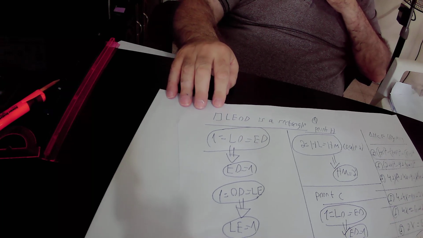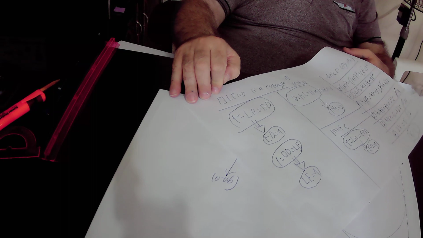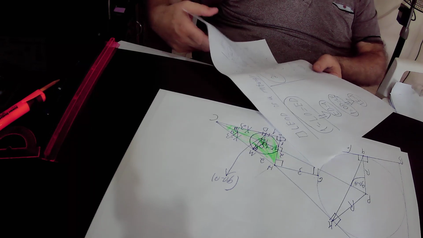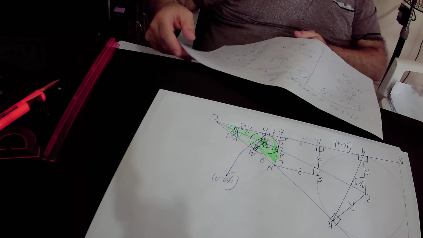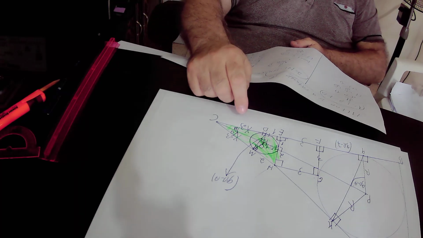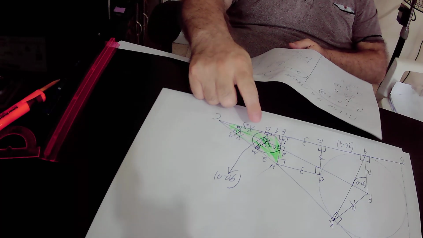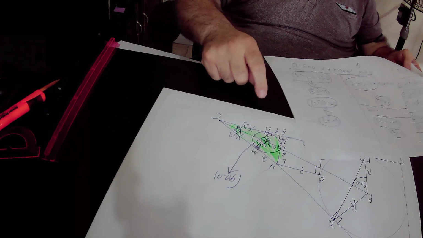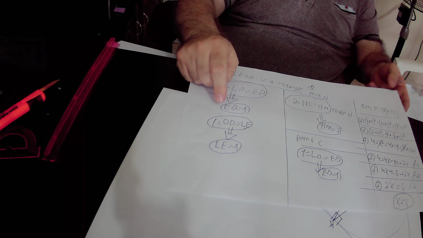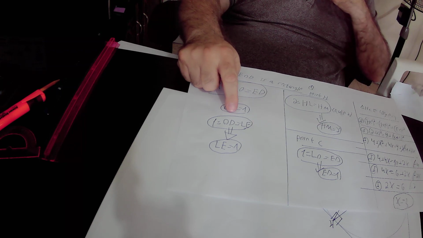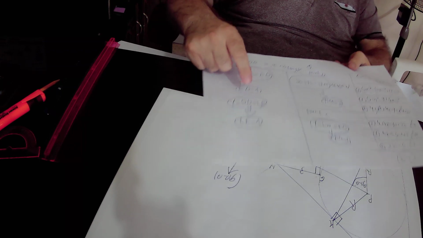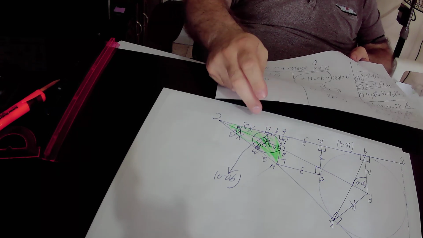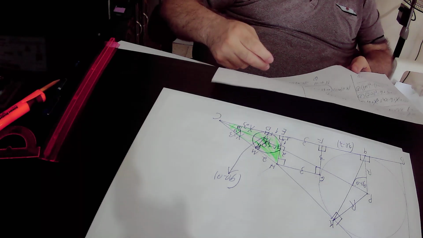Also, in rectangle LOED, OD equals LE, but OD equals 1, it is the radius of the circle, so we derive that LE is also equal to 1. So we found out that quadrilateral LODE is a square.